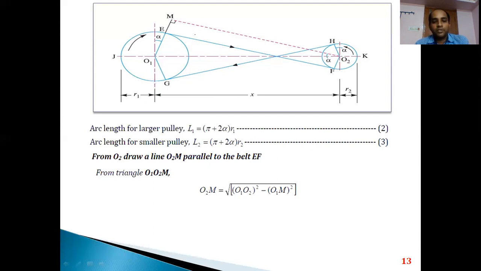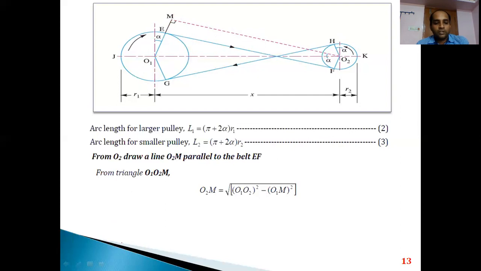If you observe carefully, this is hypotenuse O1O2 whole square minus O1M square will give you the value of the other side, that is O2M. This we need to apply.